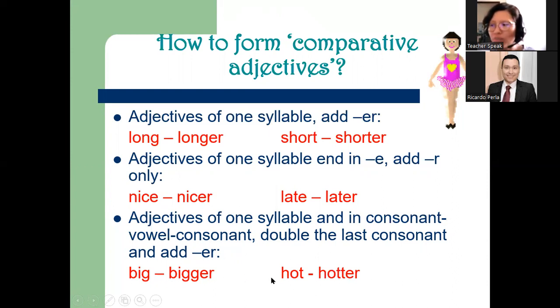So bigger, hotter, right? Double G in bigger and double T in hotter. Those are the words that we studied. ¿Hay alguna más aparte de esas? Do you remember?